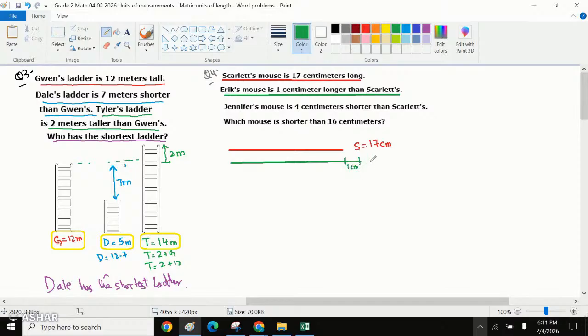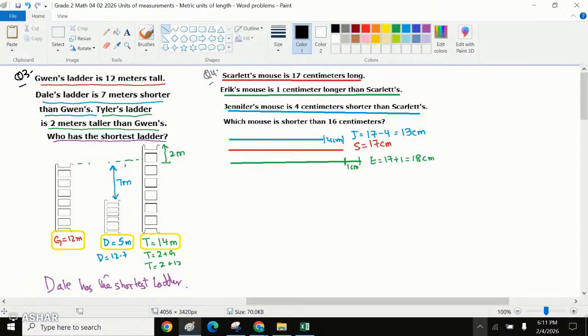So Eric becomes 17 plus 1, that is 18 centimeters. What about Jennifer? Jennifer's mouse is 4 centimeters shorter than Scarlett's, so Jennifer should be 17 minus 4. That should be 13 centimeters.